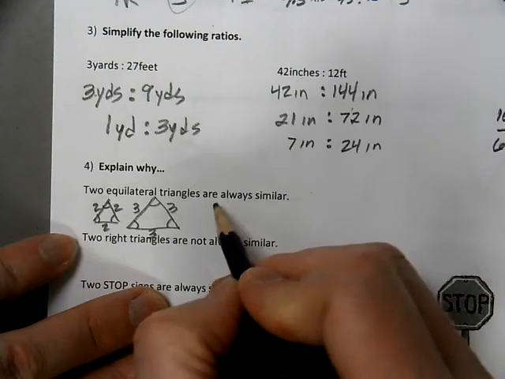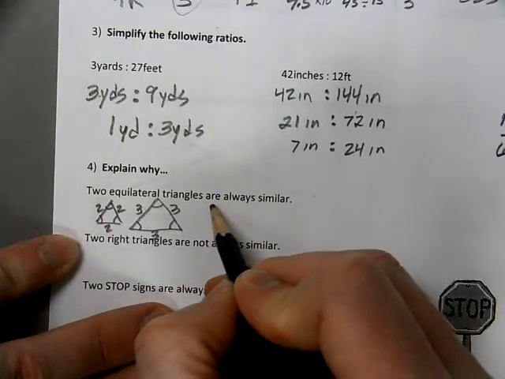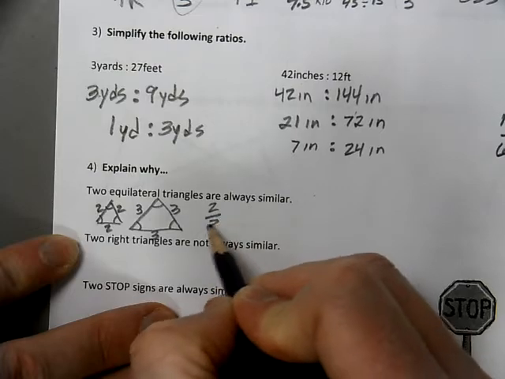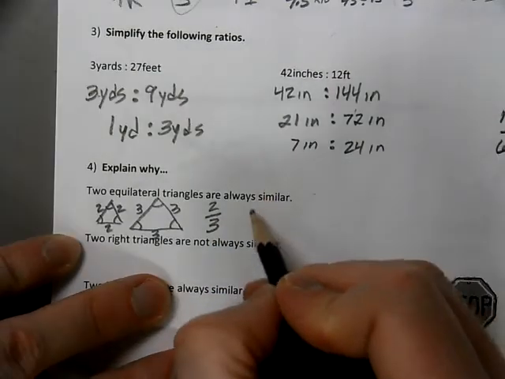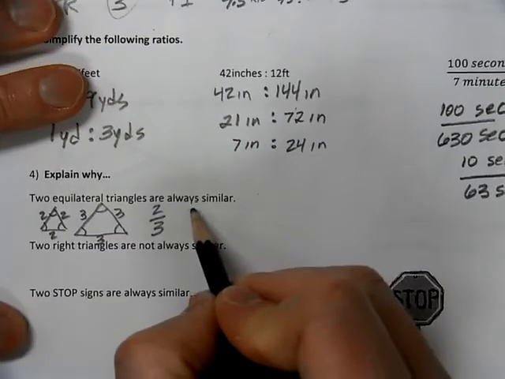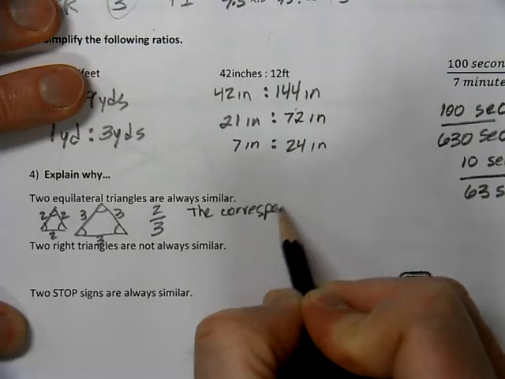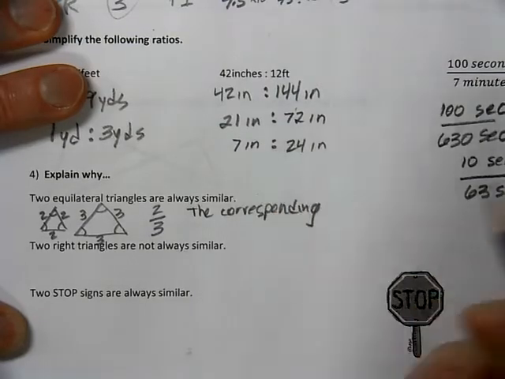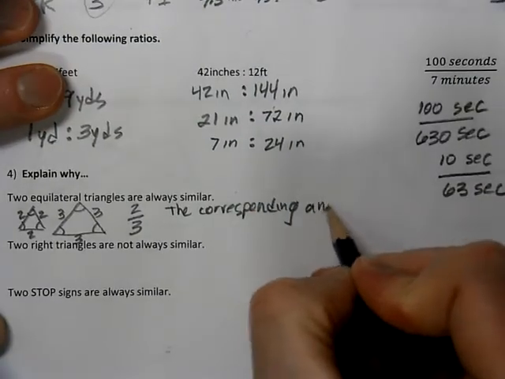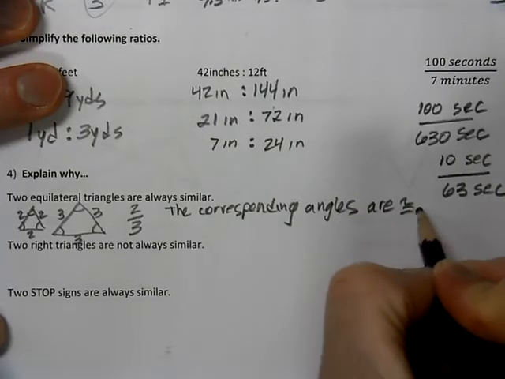So we reduce this down to 2/3 as a scale factor. So, explain why. The corresponding angles are congruent.